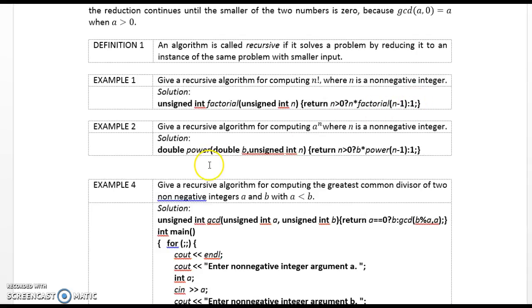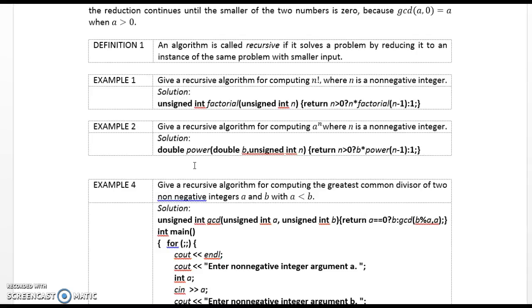Example 2. Give a recursive algorithm for computing a to the power n, where n is a non-negative integer. So what we're doing is, a is a real number, so we have to return type double, which is a real number, or at least in computing it is.